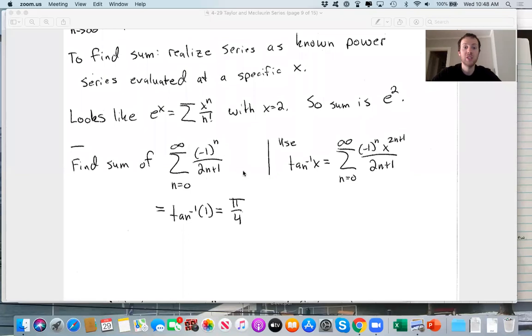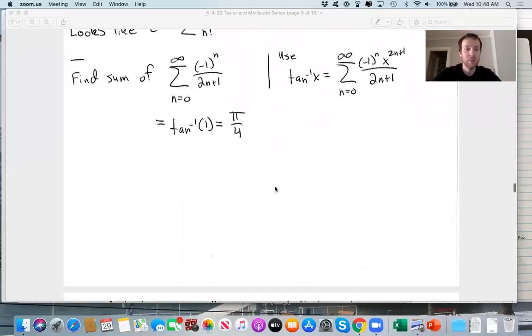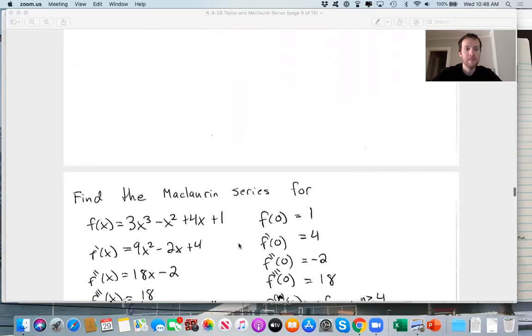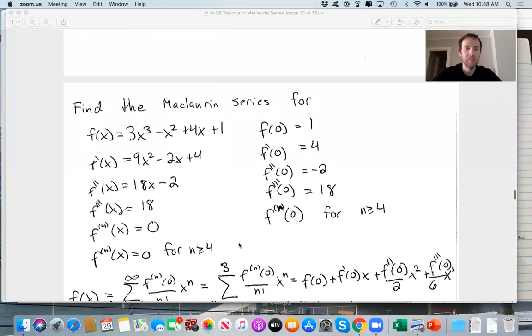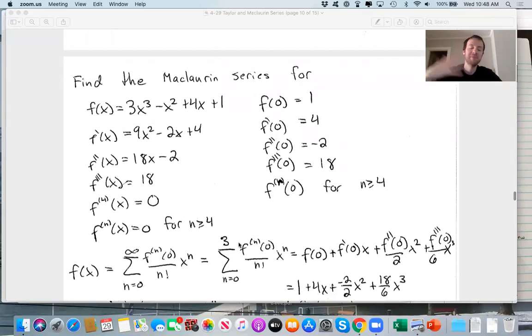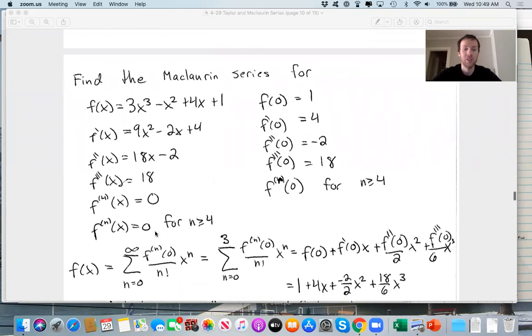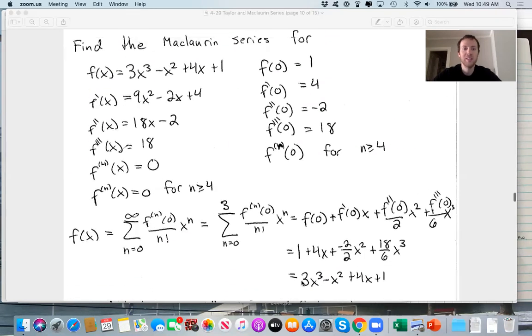Another example using a series for inverse tangent. With not that much time, a surprising fact is if you take a polynomial and you find its Maclaurin series, its Taylor series centered at 0, you get the original polynomial back.